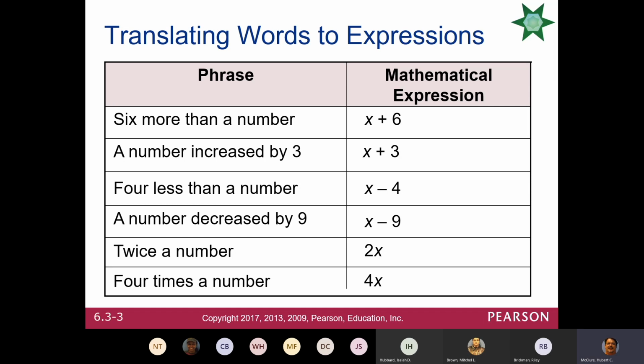Now, out of these 5 or 6 translations, there's only one I want to warn you about. And that's the one that says 4 less than a number.